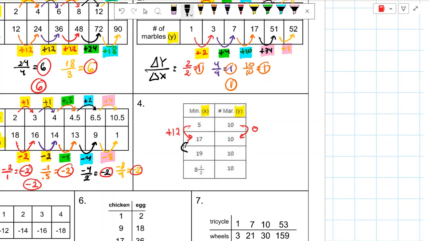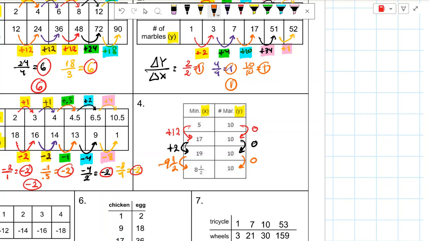The difference between 7 and 19 is 12, and the difference from 10 to 10 is, again, 0. And then the difference between 19 and 8.5 is negative 9.5. And the difference between 10 and 10 is, again, 0.